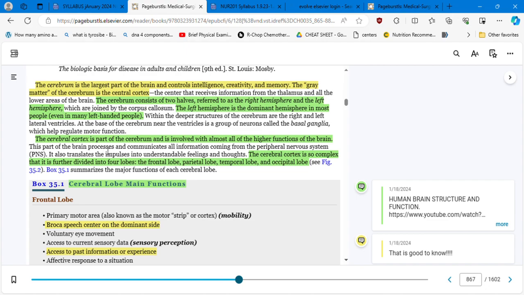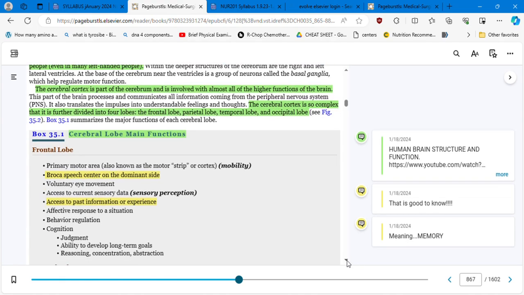The cerebral cortex is part of the cerebrum and is involved in almost all of the higher functions of the brain. The cerebral cortex is so complex that it is further divided into 4 lobes. We discussed this in the video: the frontal lobe, the parietal lobe, temporal lobe, and occipital lobe. So the way I remember the lobes of the cerebral cortex is: nurses are looking for full-time positions.